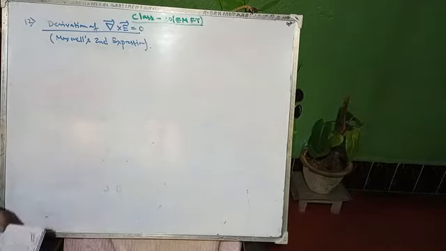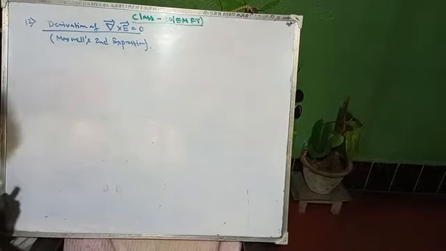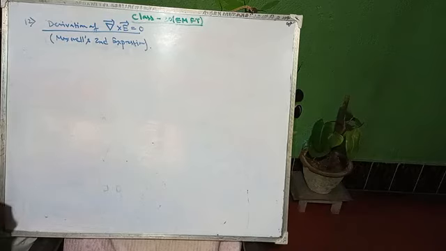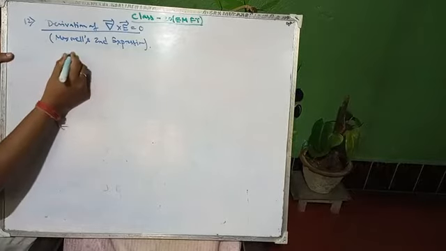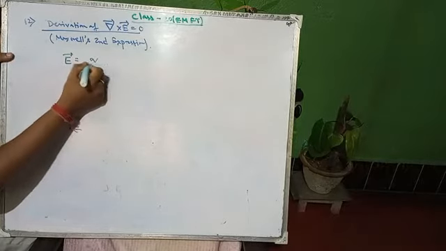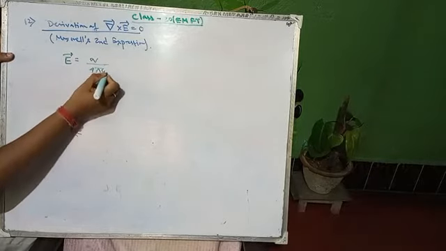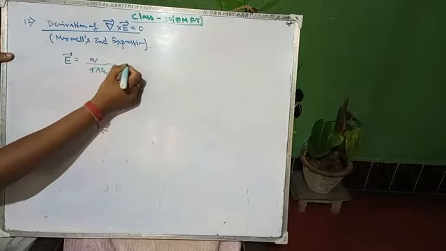Like the previous case, we again assume the electric field at P at a distance r. So what will be the electric field E at a distance r? Let us assume the electric field E at a distance r, E vector equals Q by 4 pi epsilon naught r square r cap.